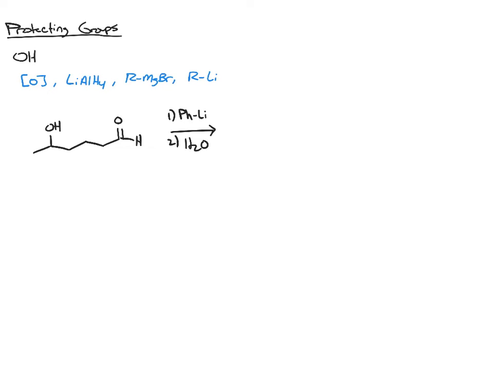Okay, so for example, let's say you have this molecule here. You want to use phenyllithium to add a phenyl group into that aldehyde. So what you want is this.